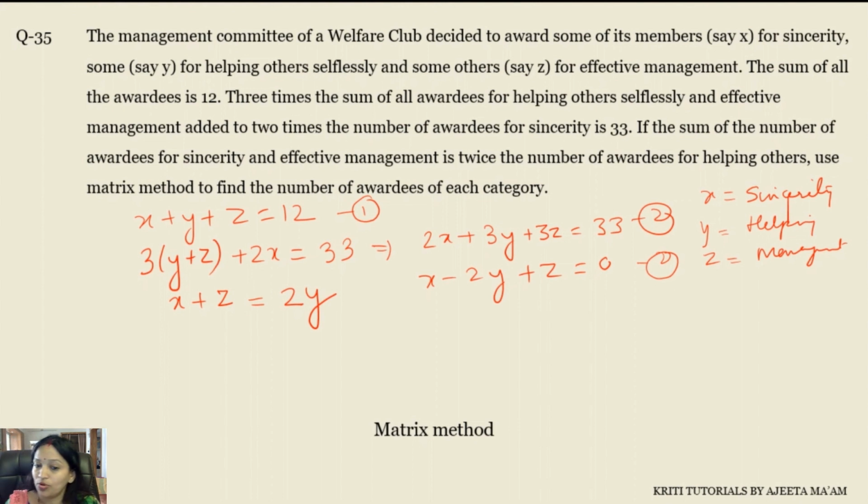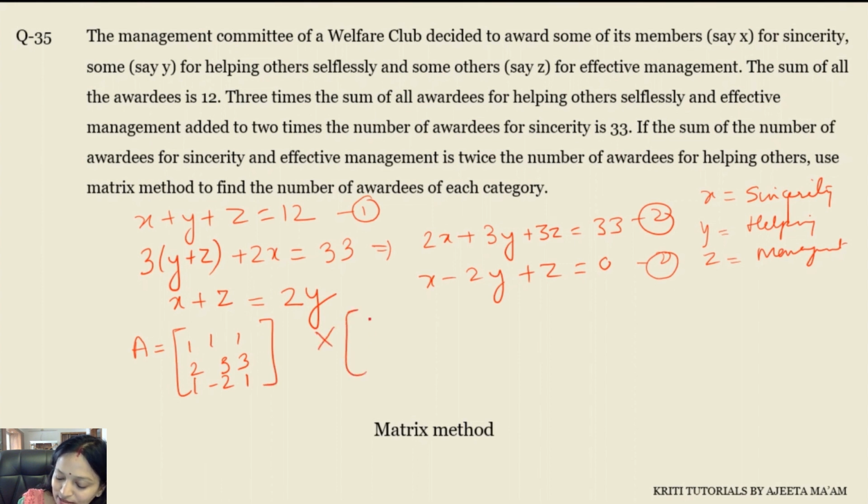अब इसमें steps बहुत important होते हैं. Let's make one matrix A which will be for the coefficients of xyz. So which will be 1, 1, 1, 2, 3, 3, 1, minus 2, 1. What will be x? That is the matrix for the variables. What will be b? That will be the constant terms.